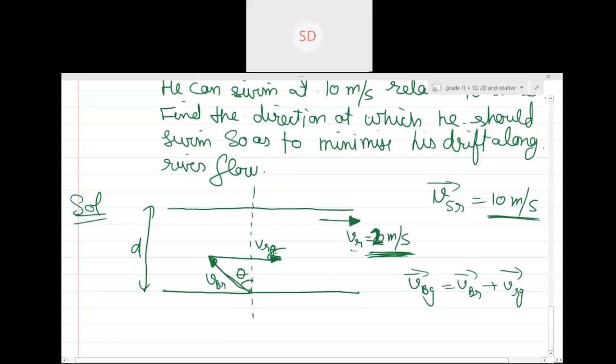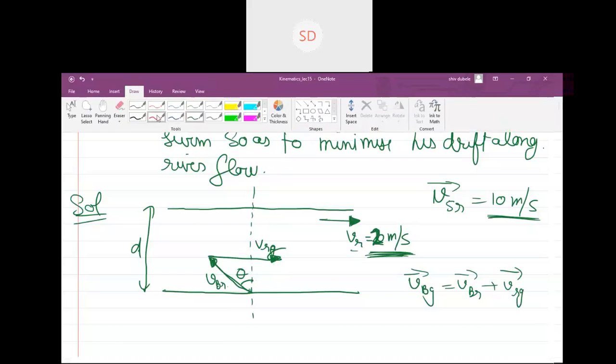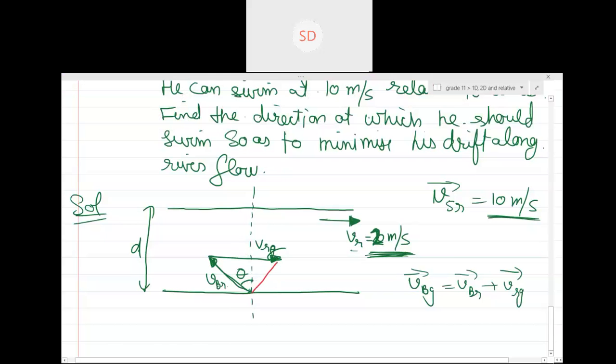I'll draw it with a different color so that you will be able to identify it. The object is appearing from the ground frame to move along this direction. Can you see the red direction? This is the direction in which he is actually seen from ground frame. So basically, if I say this is the drift, you need to minimize this drift.